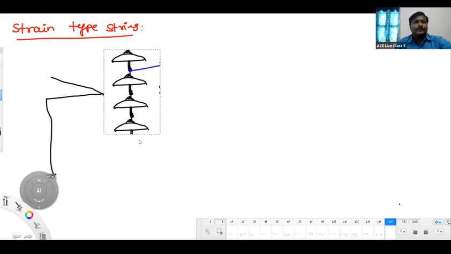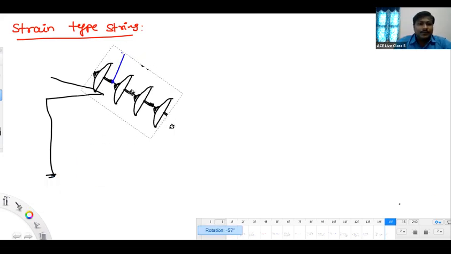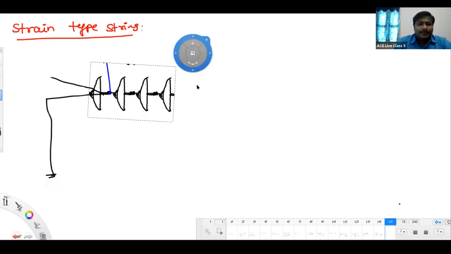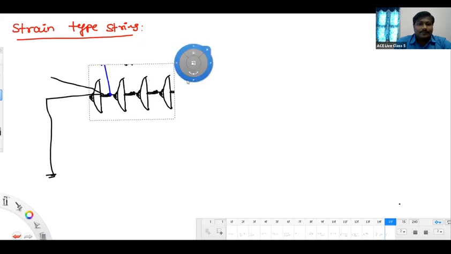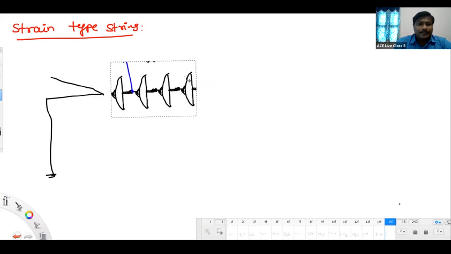This is the arrangement of the string. On the other side, you have the power conductor.